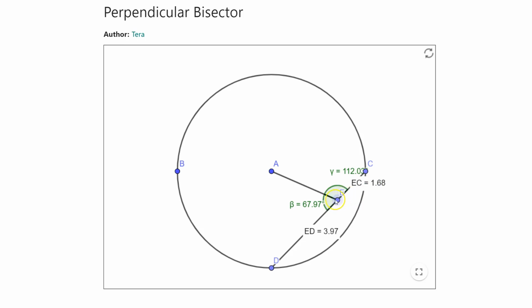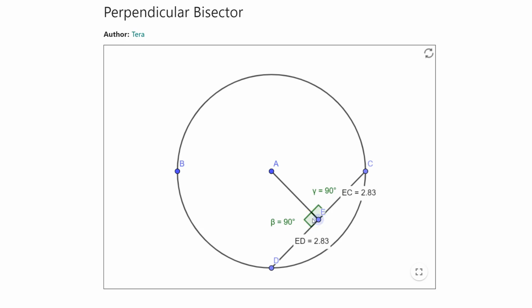Now we have this moving point E. As we get closer to one of the sides, one of the angles gets much bigger, and this one gets much smaller. What happens if I slide this slider in the middle here? What happens to our angles?